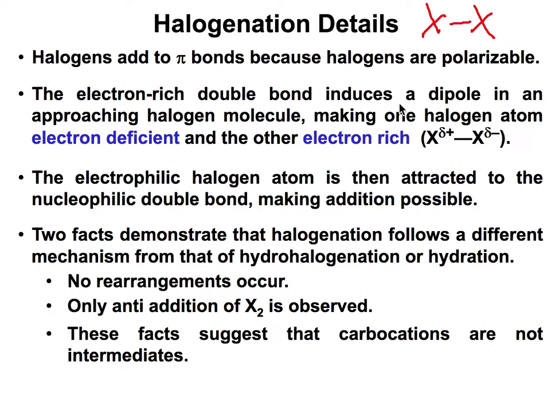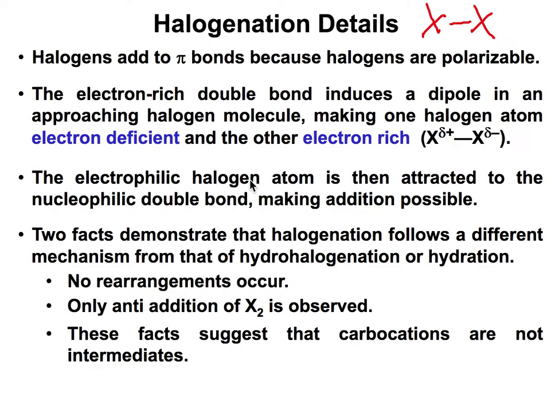It's just induced because of the electron-rich double bond. The electron-rich double bond can induce the dipole in this XX molecule, and that's how at a given time we get a delta plus and a delta minus within that nonpolar molecule.